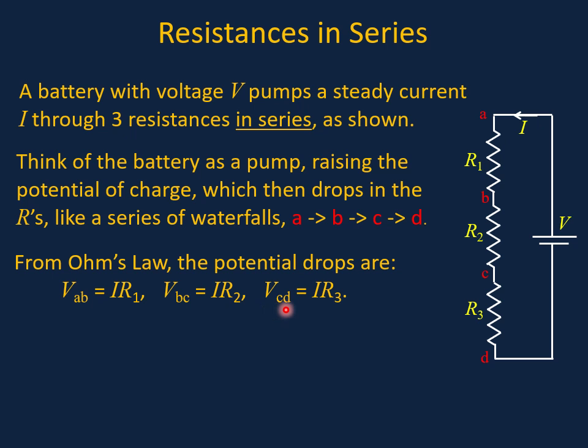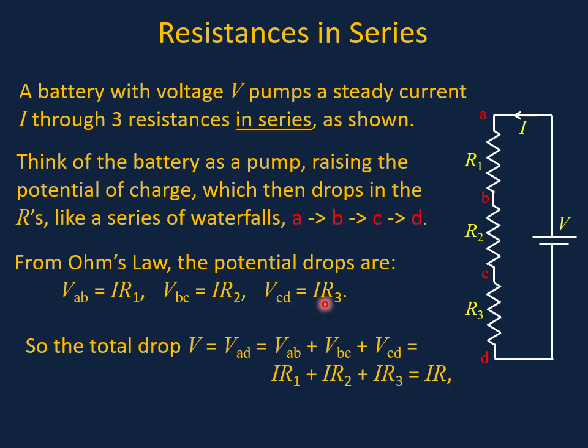VCD equals I times R3. So for the total drop, we have to add them if we want to know the potential difference between A and D, which is the same as the voltage V of the battery. That is equal to VAB plus VBC plus VCD.